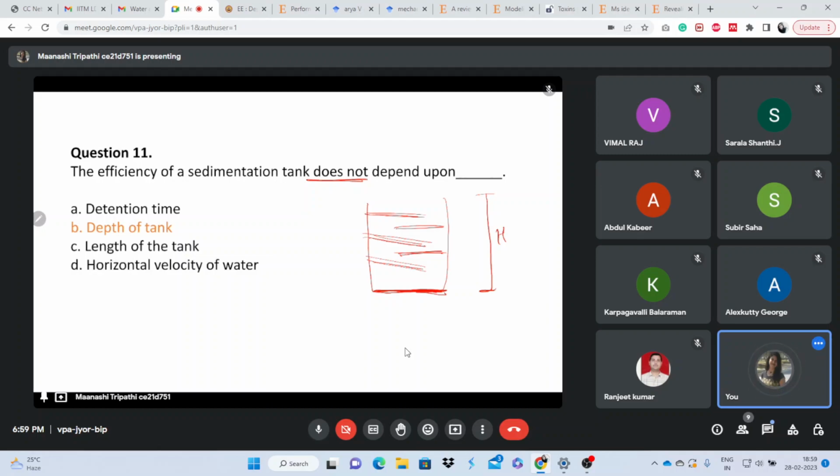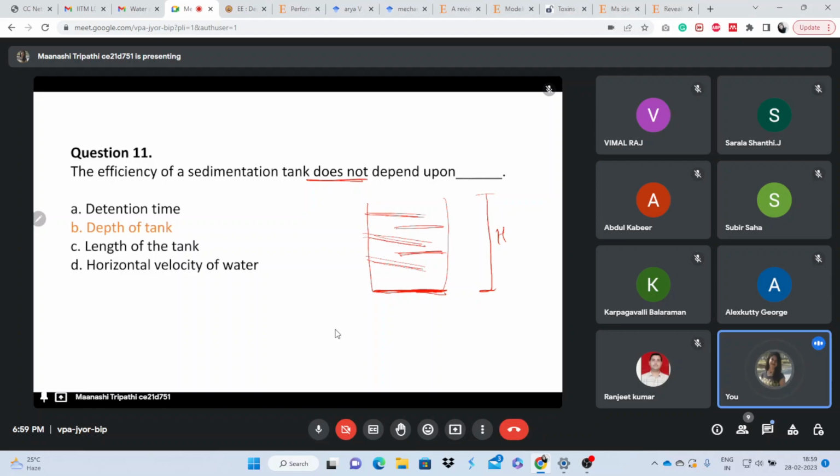So that's all for today. Please practice all the numericals properly. All the numericals are very important. In this class, and even in the last class, there was a numerical regarding the velocity, which was also very important. Please practice them as much as possible. You can use some good books, like PV Rao.